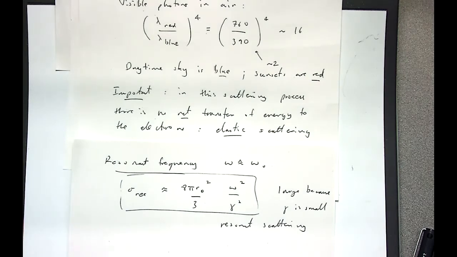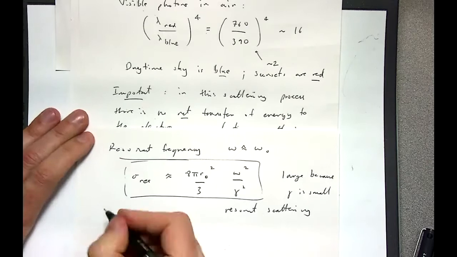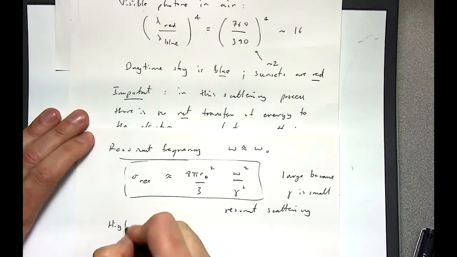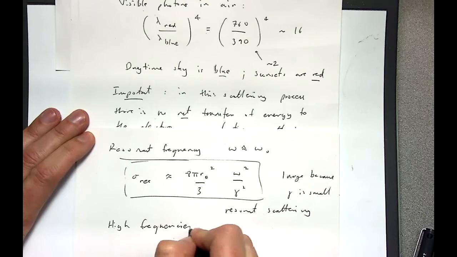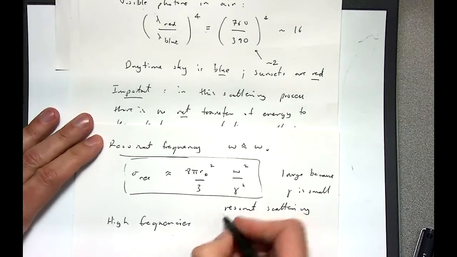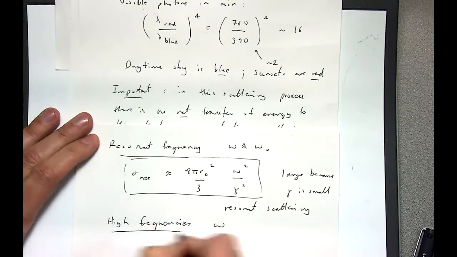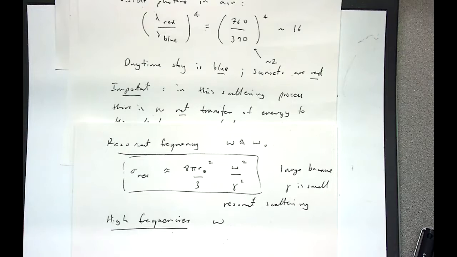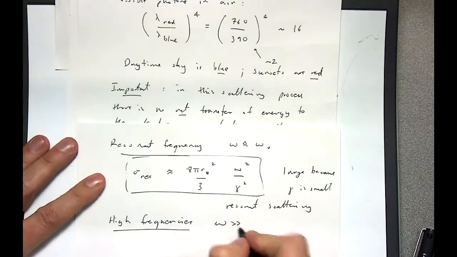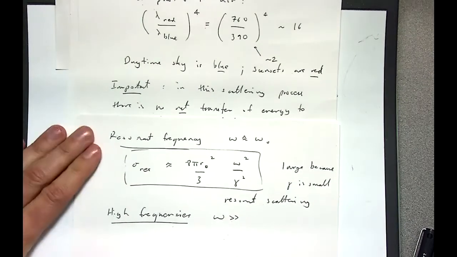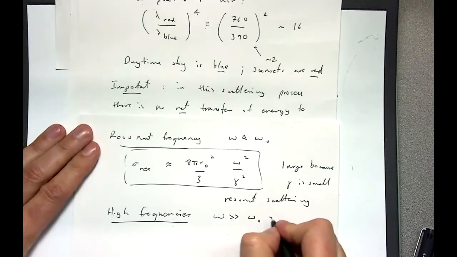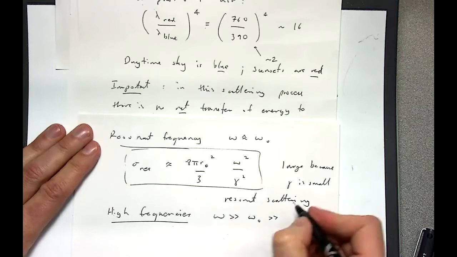Now, this is the fun one. High frequencies. Because we can say all sorts of interesting things about high frequencies, which we couldn't easily say about all the others. So here, the high frequencies, we're talking about atoms in which the incident frequency of the radiation is much bigger than any resonant frequencies, and also much bigger, okay, than gamma.